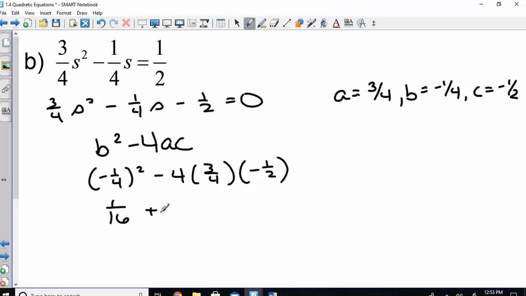You get 1/16 plus 3/2, so I get 25/16. So what does that mean? Two real again. Okay, what would make it imaginary if that turned out to be negative 25/16? And what makes it one repeated, or only one real answer? If it's zero. So we just have to be able to find that. Any questions there?